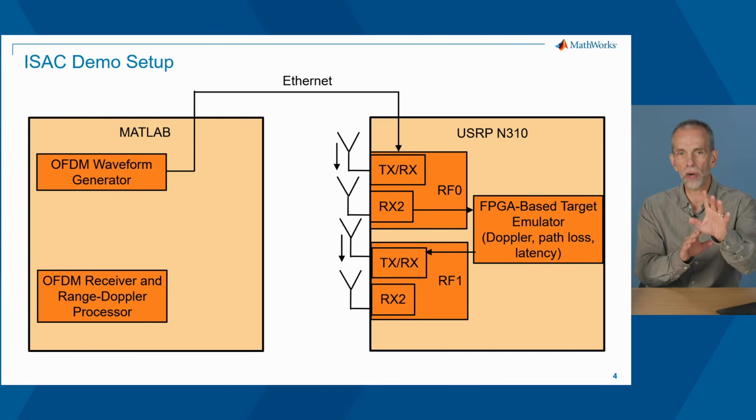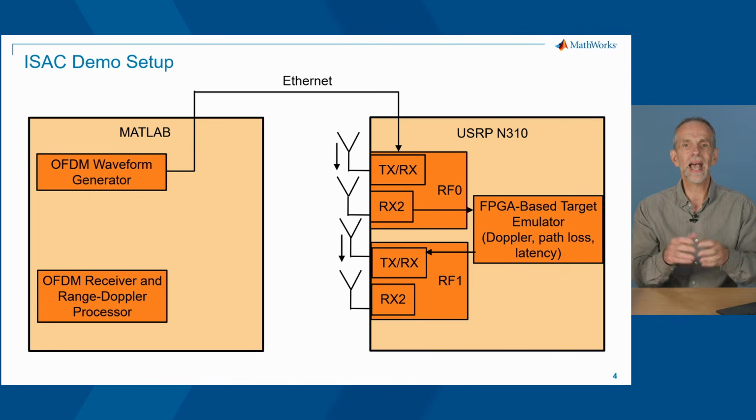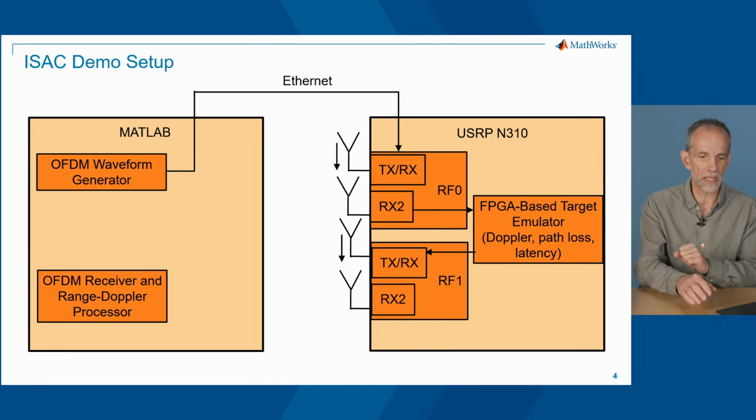So this RX2 port in RF0 and TXRX port in RF1 essentially acts as a radar target. It emulates the bounce, the reflection off of the drone and then into the receiver.